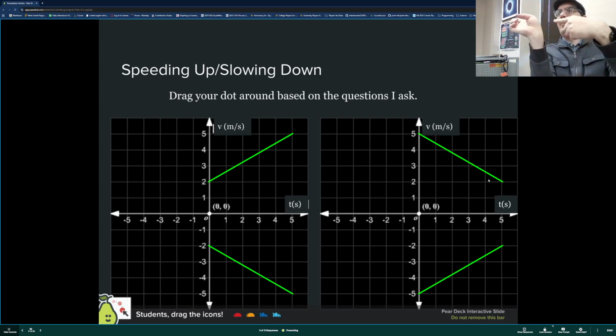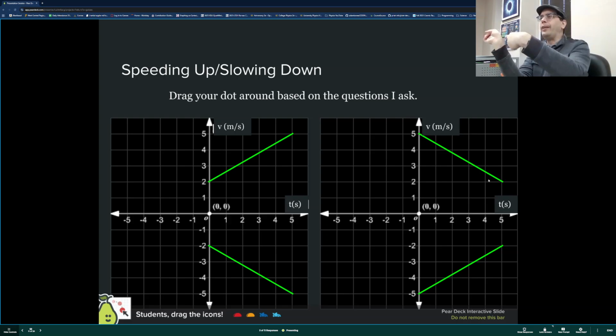But if it's sliding this way and you'd like to speed it up, which way would you push it? Same way, right? So that way the velocity and the acceleration are pointing the same way, in this case, both negative, and we speed up.